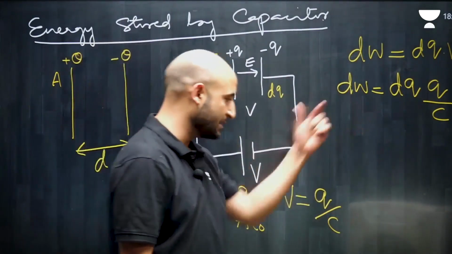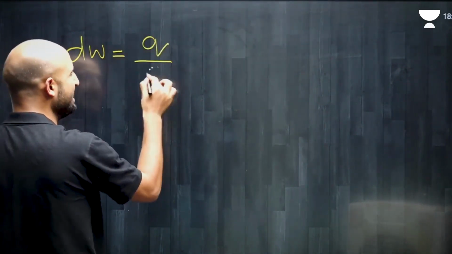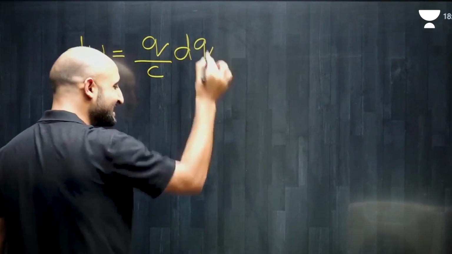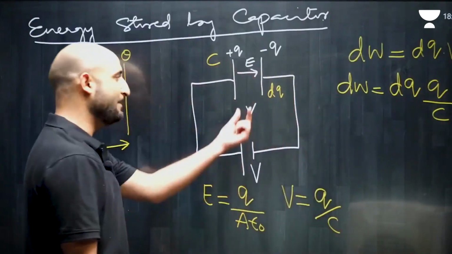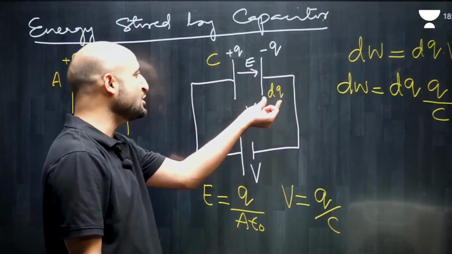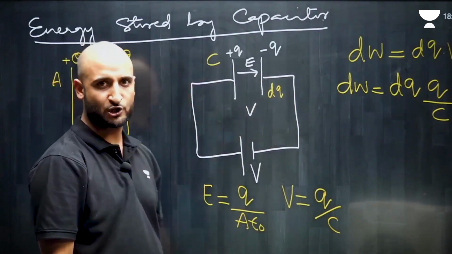Right? That's a small work done. Moving forward, the small work done, dW, is equal to Q by C into dQ.